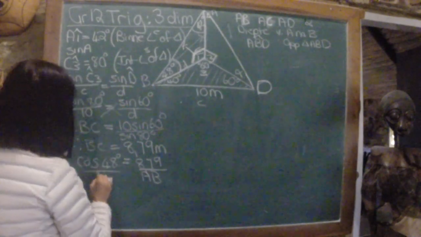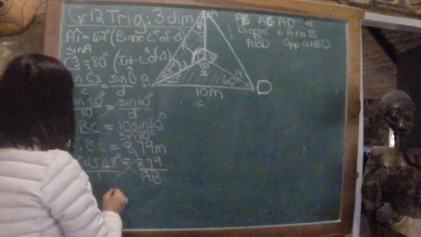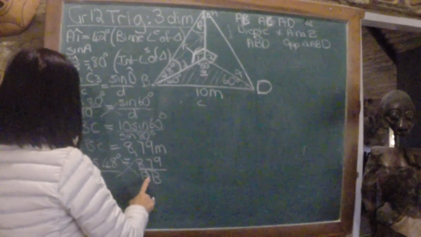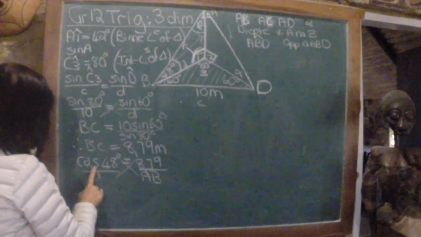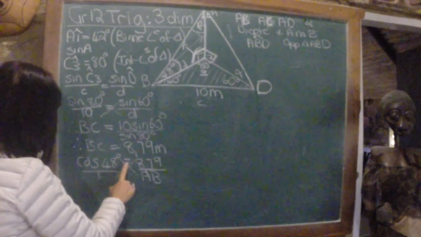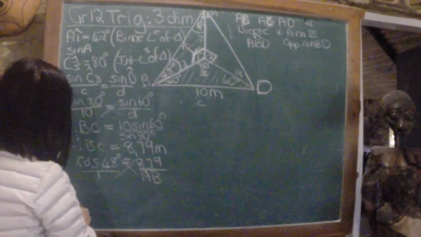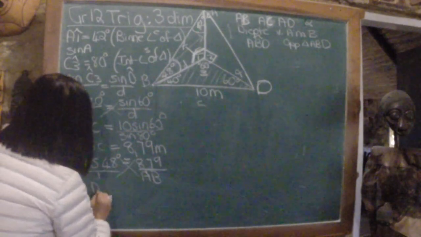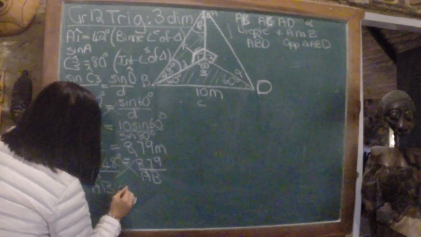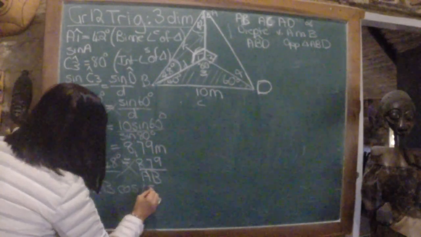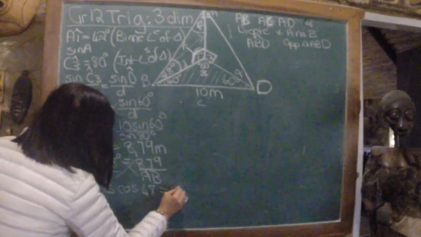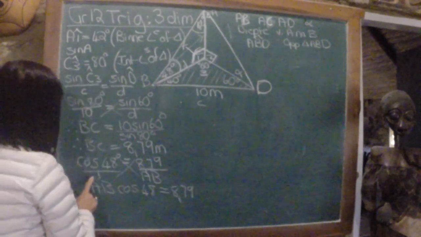Now I can again do cross multiplication. I need AB. So AB times cos 48 equals 8,79 times 1.